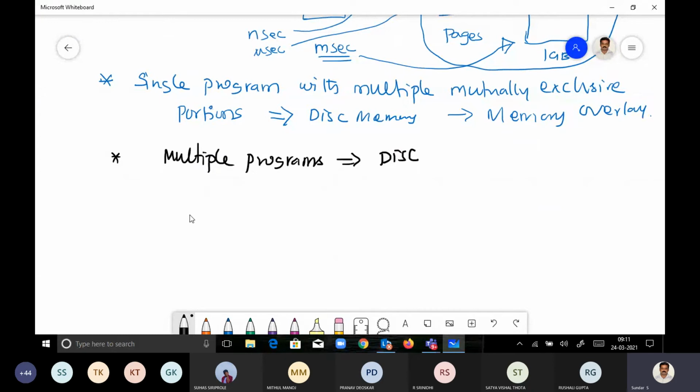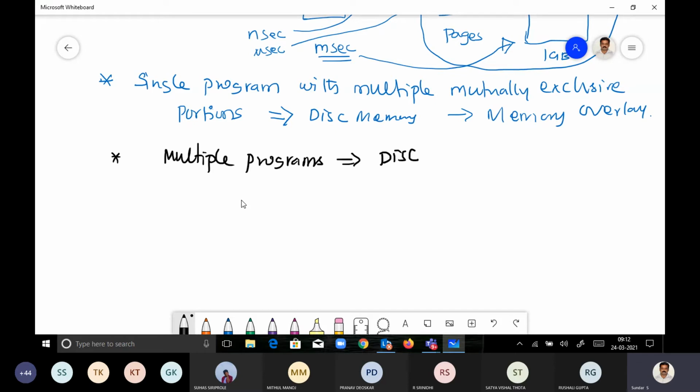So we know, according to Moore's law, once in 2 years the number of transistors in the integrated circuit gets doubled. This is Moore's law prediction. We have discussed it already in the first module.